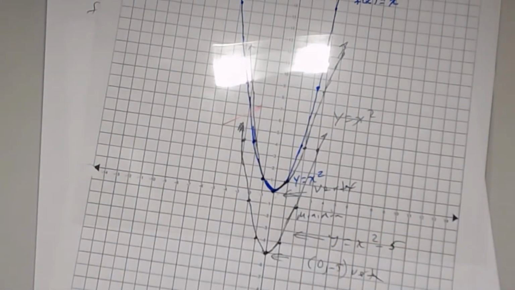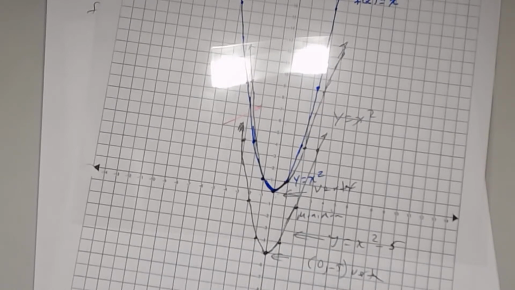I have the parent function, and I am subtracting 5 from it, right? That constant is on the outside of x squared. Y'all agree it's on the outside? X squared, and then minus 5. So that's going to be a vertical shift. Whenever the number's on the outside, that's a vertical shift.